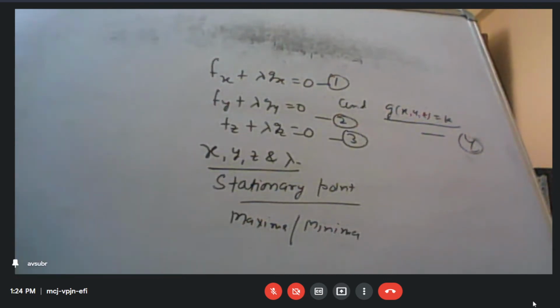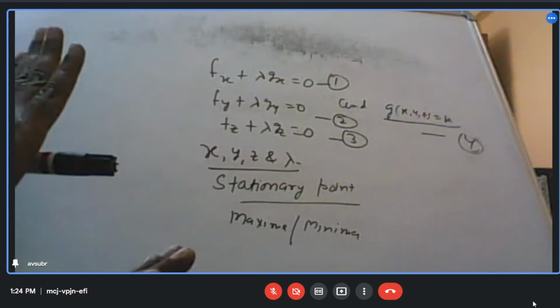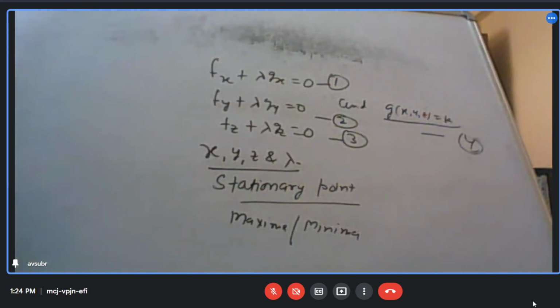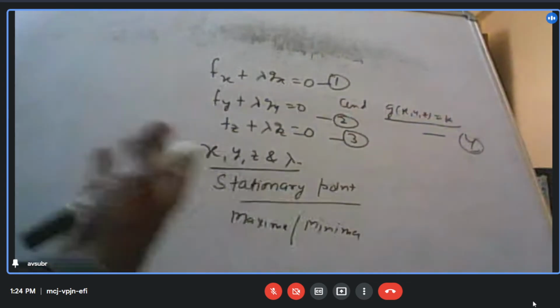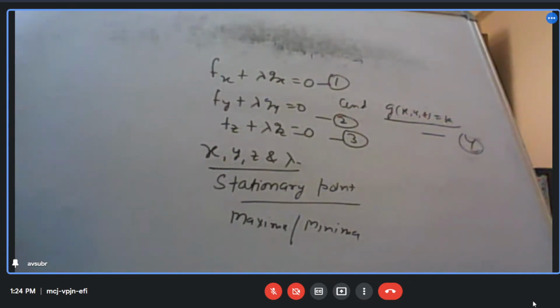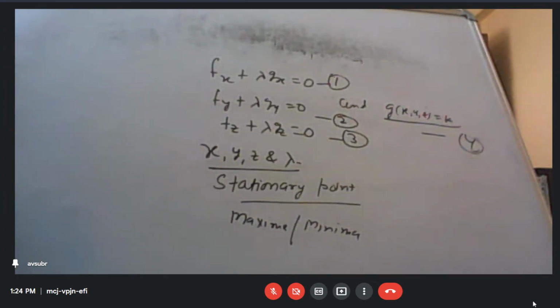Okay. So suppose we were given 2 constraints, then what would we have done? What would we have done? I am just asking. So 2 multipliers, sir.